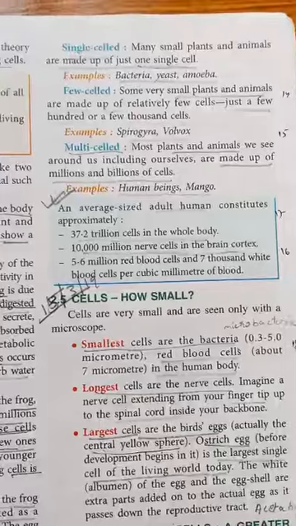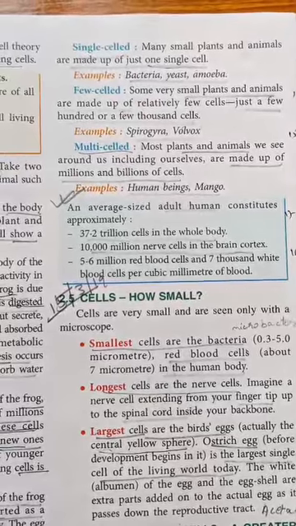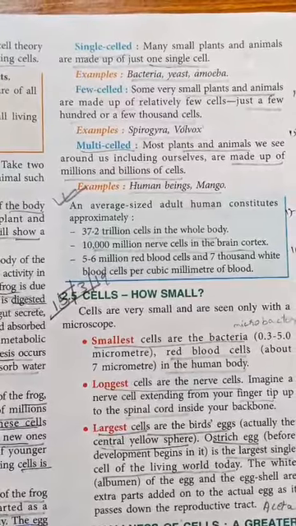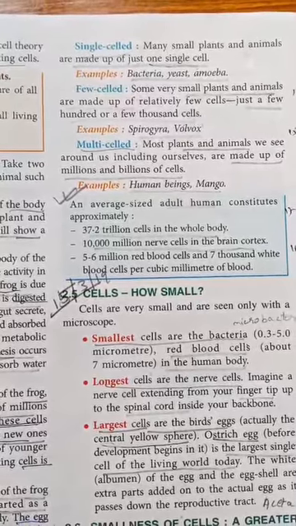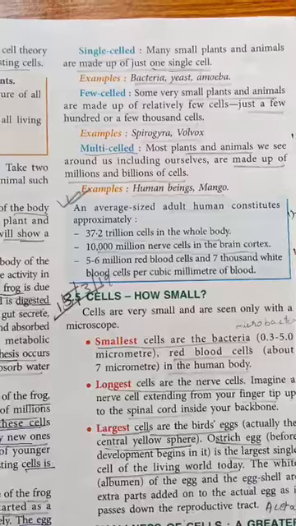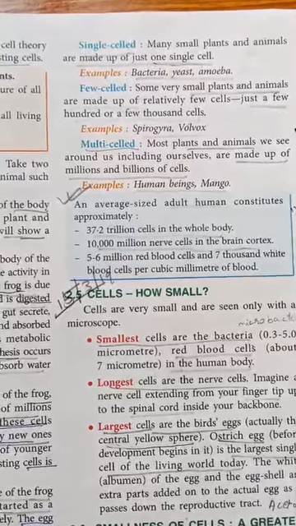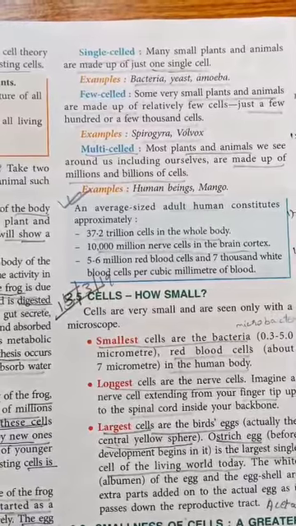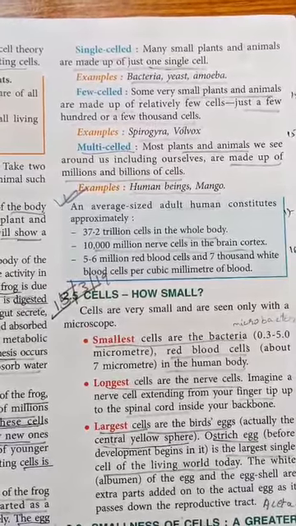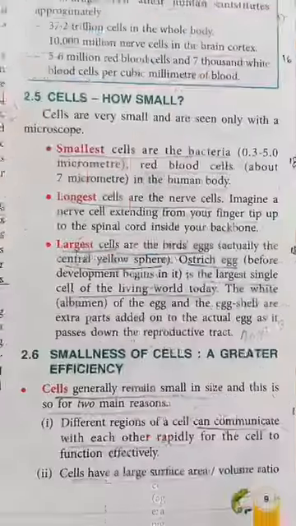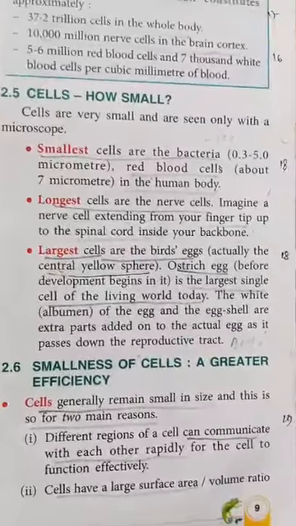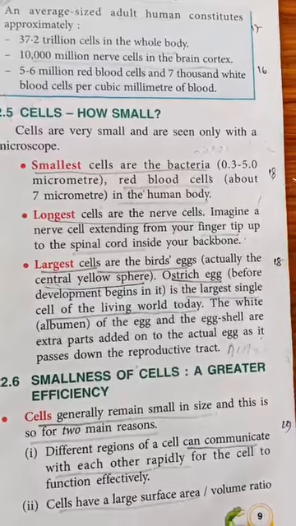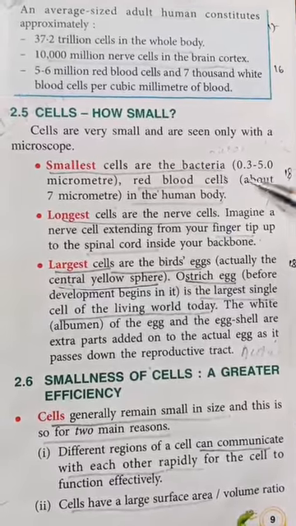An average adult human consists of approximately 37.2 trillion cells in the whole body. There are 10,000 million nerve cells in the brain cortex, and 5 to 6 million RBCs and 7,000 WBCs per cubic millimeter of blood. Cells are very small, seen only with the microscope.